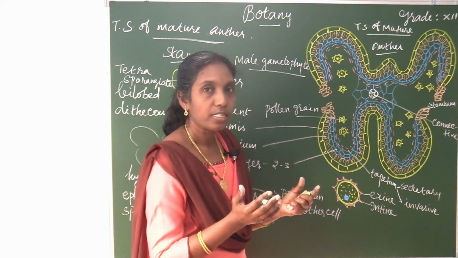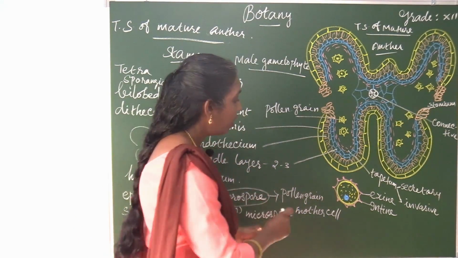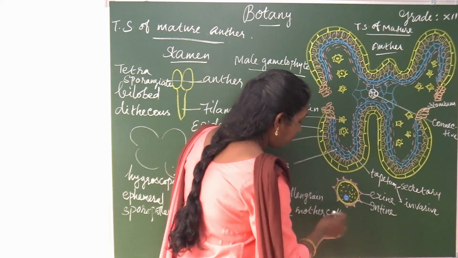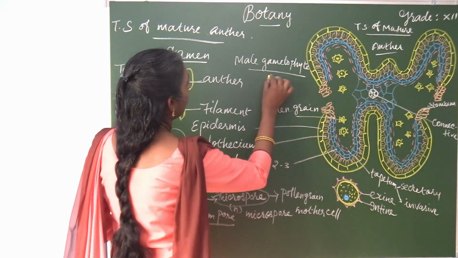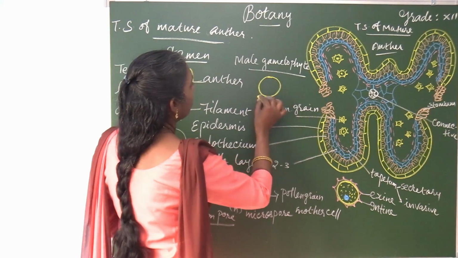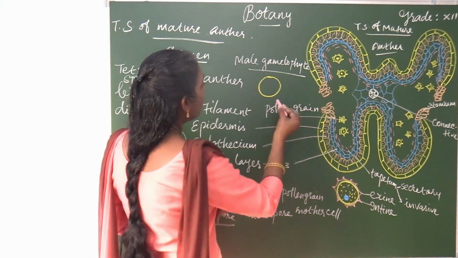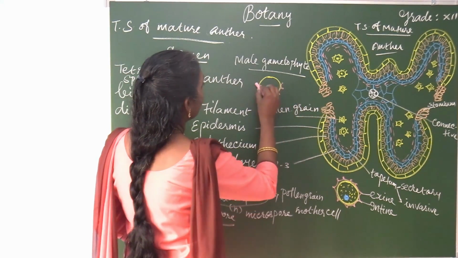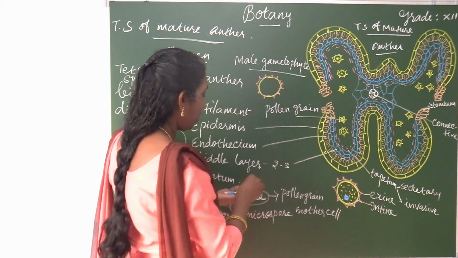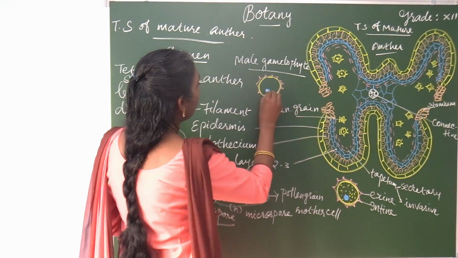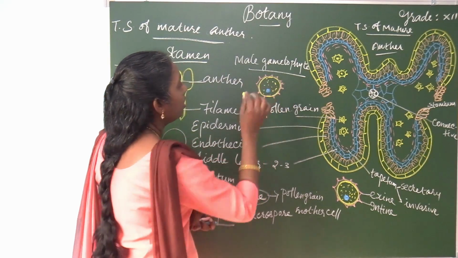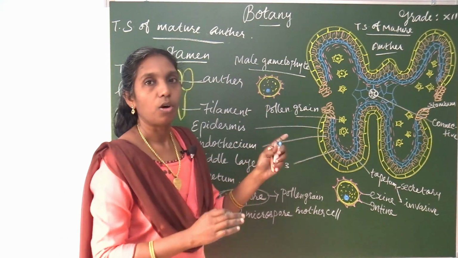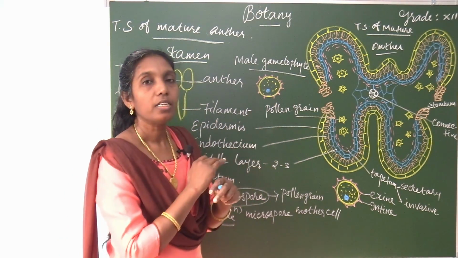When it divides, the cell divides into two. This is exine, the outermost layer, and intine, this is the nucleus and the dense cytoplasm. This nucleus of this pollen grain divides.